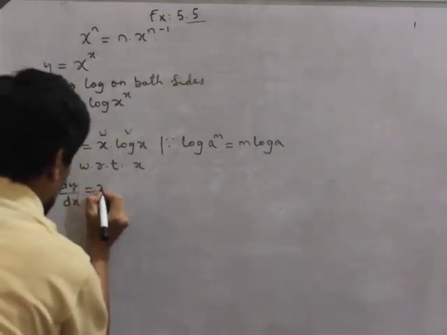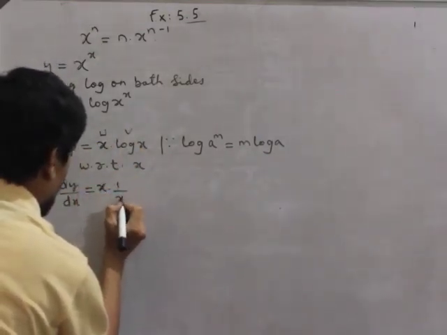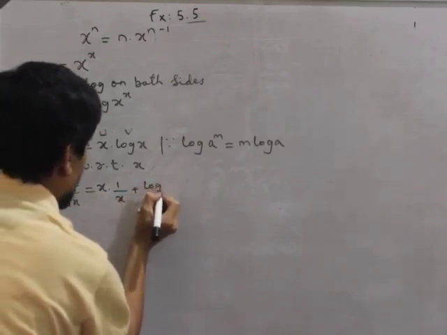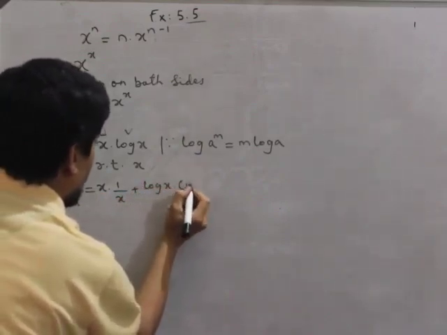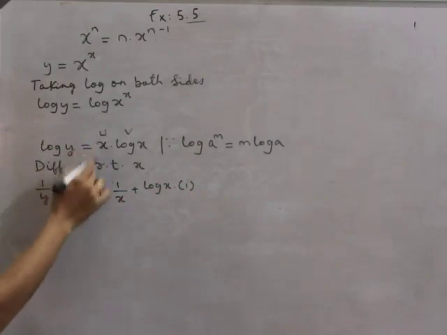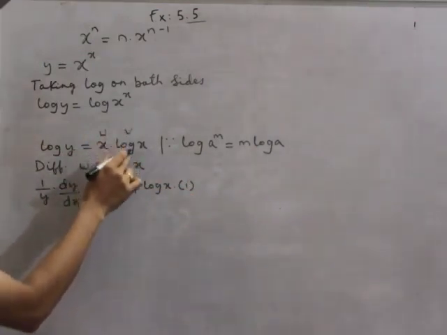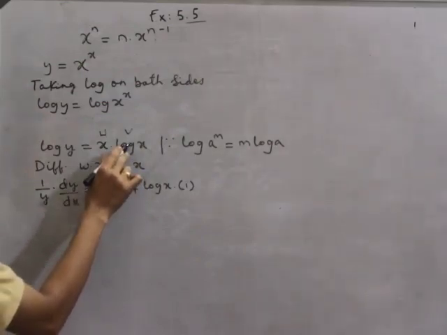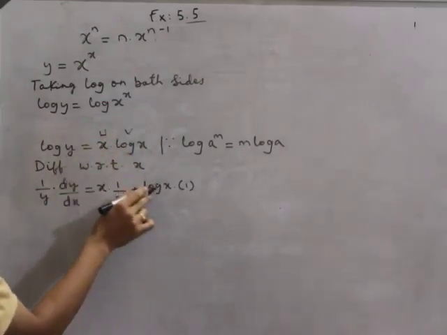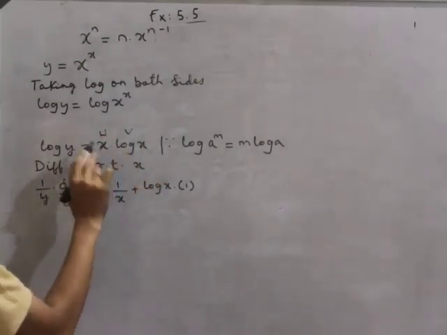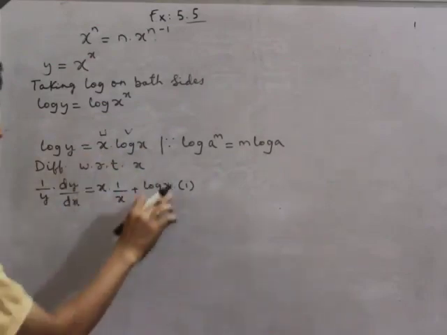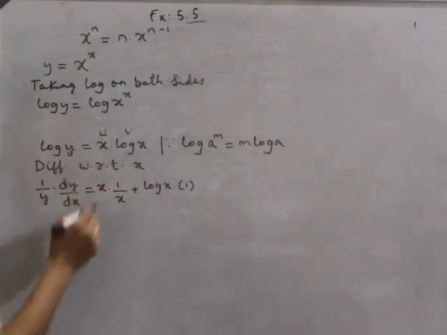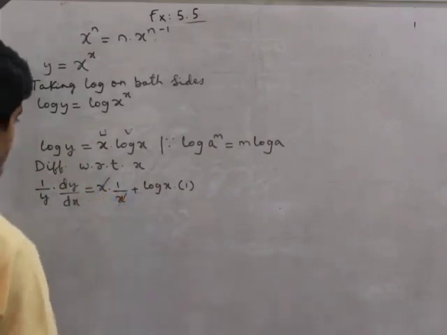So it is u into dv by dx plus v into du by dx. See, u into dv by dx: dv by dx is differentiation of log x, that is 1 by x, plus v into du by dx. v, write log x as it is, into differentiation of x. Differentiation of x is 1. So here these two will get cancelled.